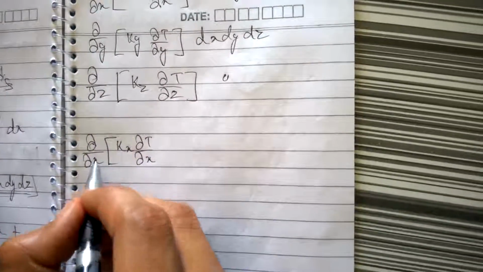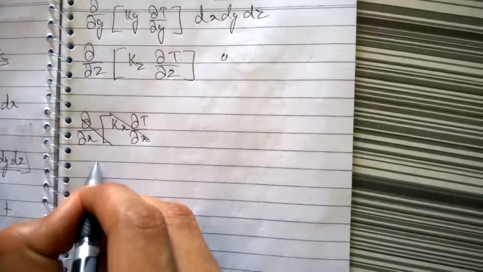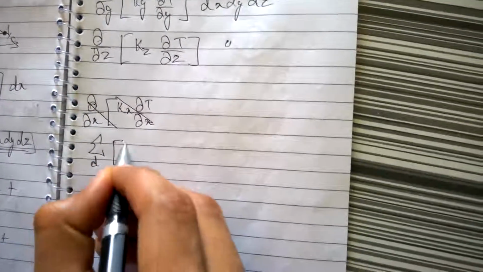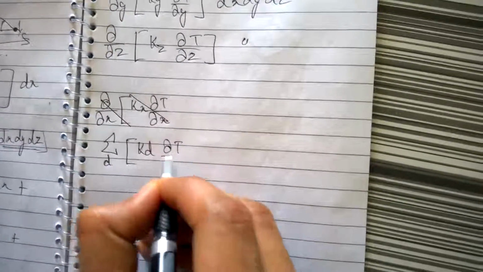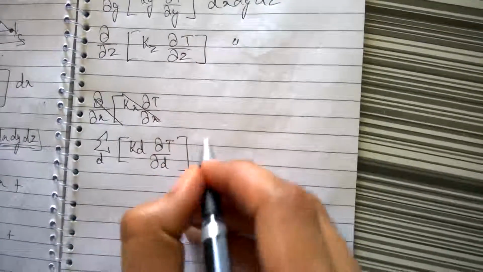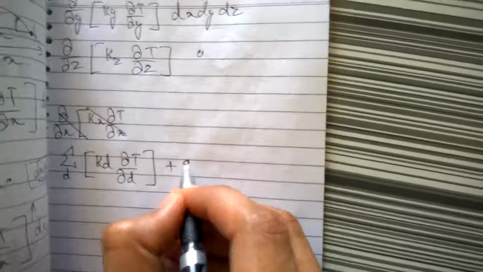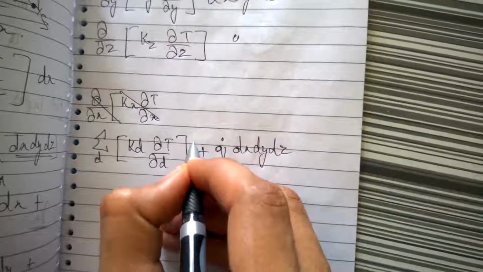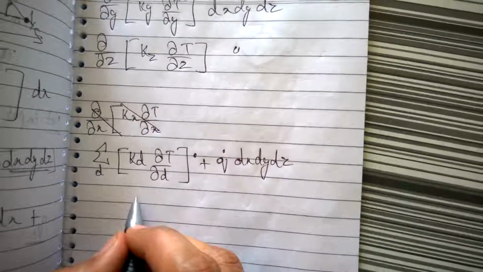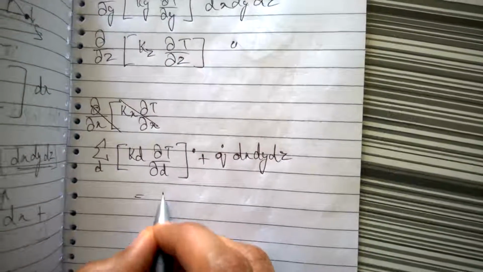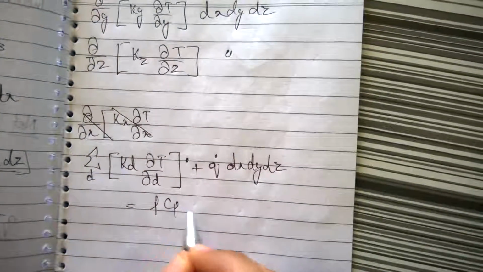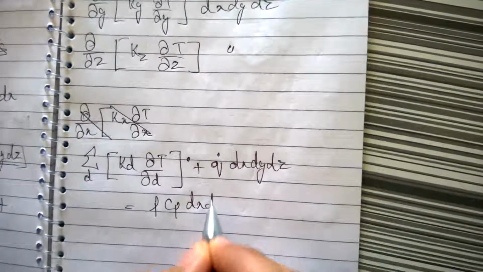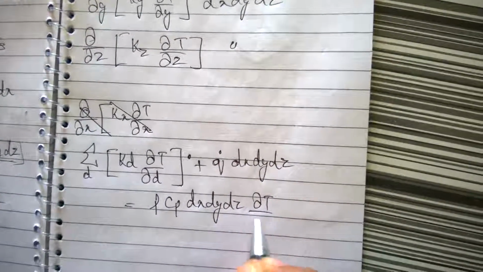Let me just write it as a summation in terms of dimensions, and we will put this as ∂/∂d of kd ∂T/∂d, plus you have q prime into volume dx dy dz. Remember, there's a volume term here, and this is equal to your rho into cp, into dx dy dz, into ∂T/∂t.